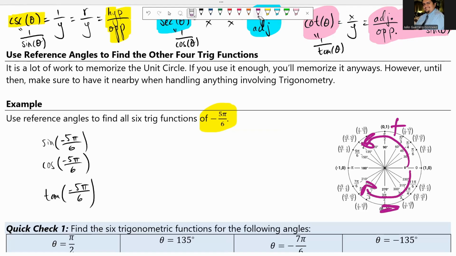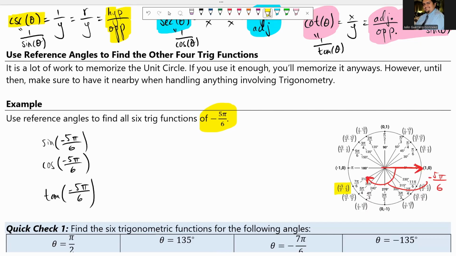So we want to go in that negative direction, negative 5 pi over 6. Negative 5 pi over 6 is not entirely halfway across, it's just a little bit below. That is right here. This is my initial side, just like we did in the first section of chapter 5. And we want to go, bam. So this right here is negative 5 pi over 6.